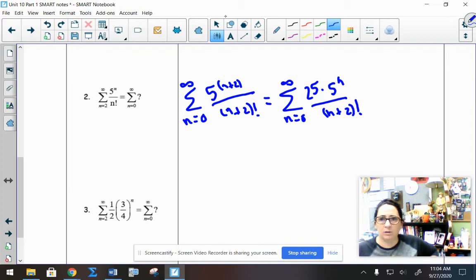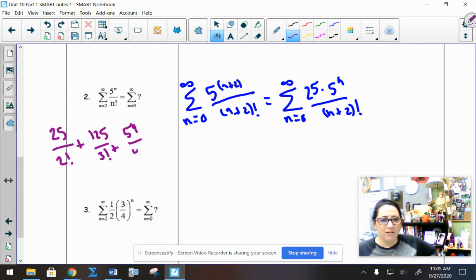And then the next term would start at 3. So 5 to the third, 125, over 3 factorial. And then the next term would be 4. I'm just going to write it 5 to the 4th, over 4 factorial. And we would keep going. We'd see that that general term is 5 to the n over n factorial.